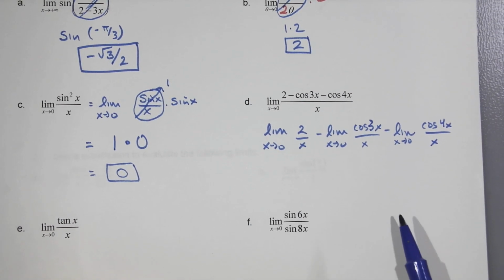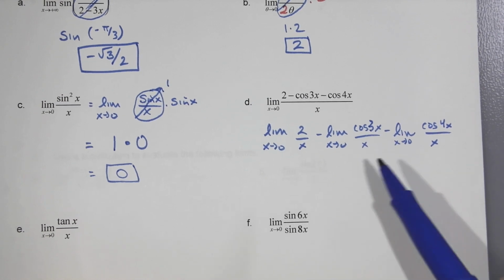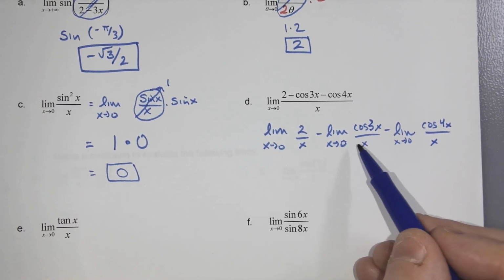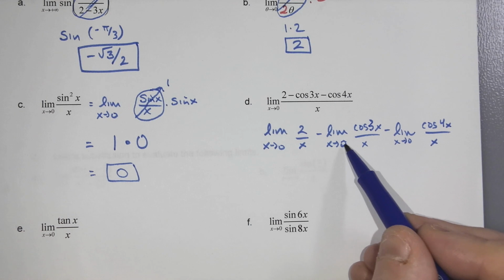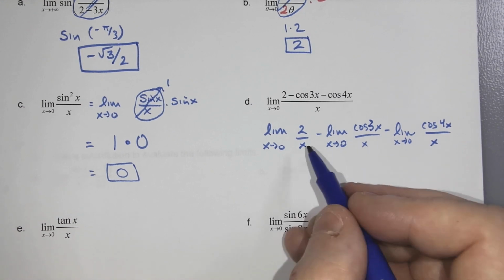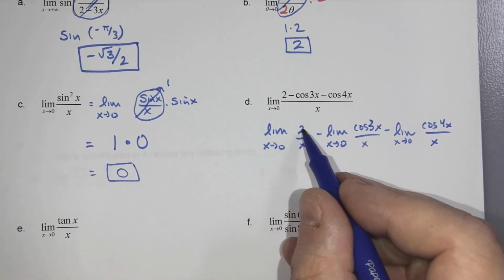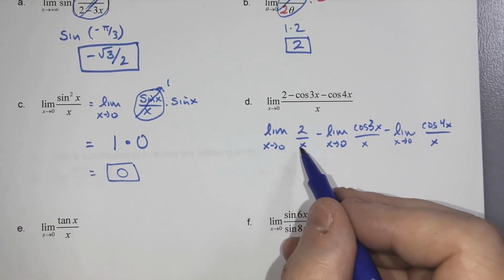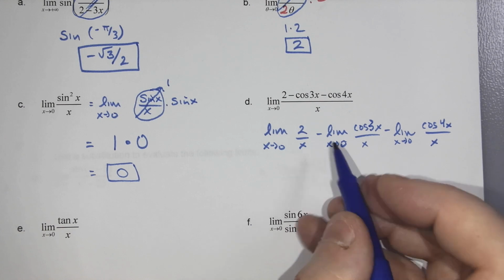Our special rules didn't have cosine as x approaches 0, and that's because you actually know what these end up being, right? As x approaches 0, cosine of 3x is actually just cosine of 0, and cosine of 0 is just 1. So over here, as you approach 0, you're getting 2 over 0.